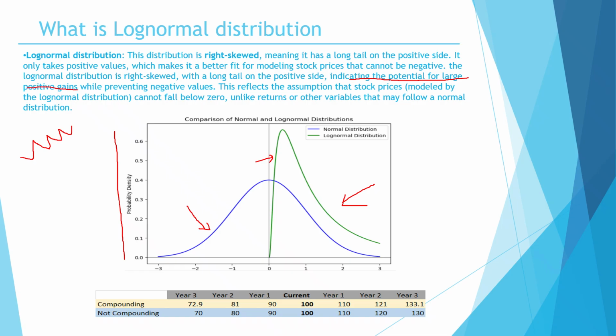Because of this property of the stock prices, the distribution is skewed towards the right. And because of this property, the stock prices follow the log normal distribution. Now I will look at this property, potential for a large positive gain, through an example.